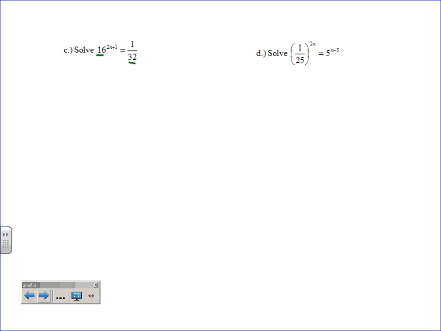That's not very helpful. Well, let's just look at those numbers in general and see if we can get to the same base. And no, don't tell me that 16 squared is 32. All right? But we can get to a base of 2, right? So let's do that. This is 2 to the 4th. But remember, you got to type it times all of that, right? Don't forget that. Equals, so this is 1 over 2 to the 5th.